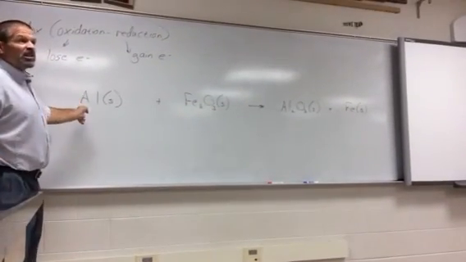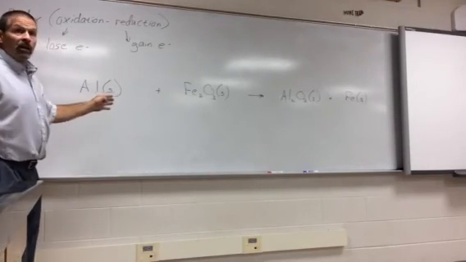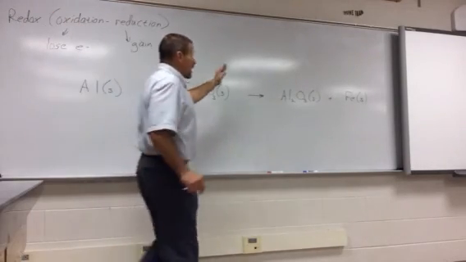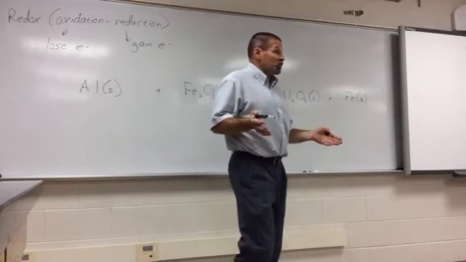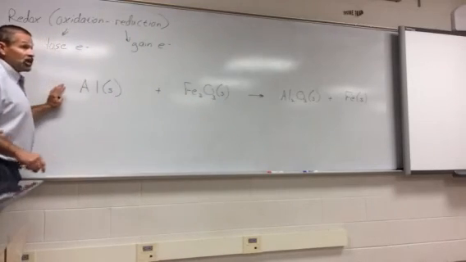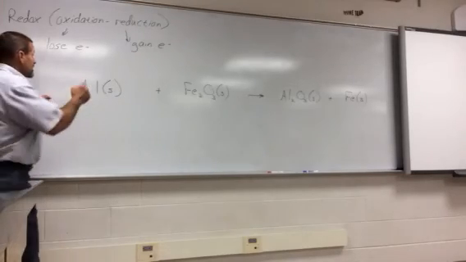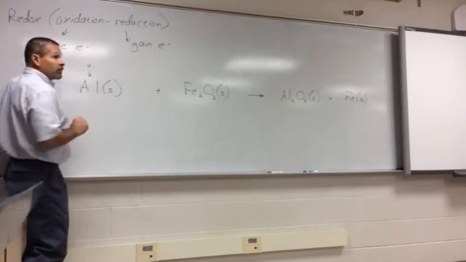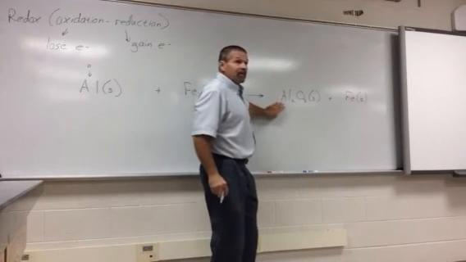Now I would say this is a simple redox reaction. You could balance it by inspection, just guess and check coefficients, and you'd never even really know it was a redox reaction. But think about oxidation state for a minute. What would be the oxidation state of aluminum? 0, because it's an element, right? How about on the other side, in aluminum oxide?